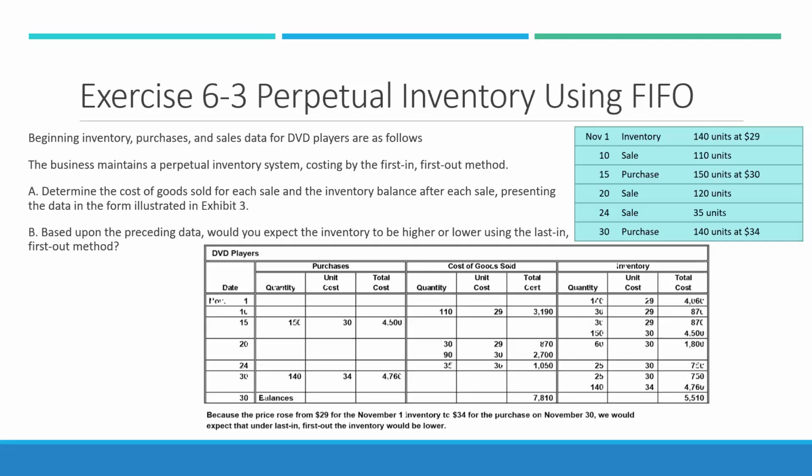And the ending inventory is going to be higher under the first in, first out method because the latest inventory that was purchased was at the highest cost. And so if we record that on the balance sheet instead of the income statement, the ending inventory is going to be higher, cost of goods sold is going to be lower under FIFO.